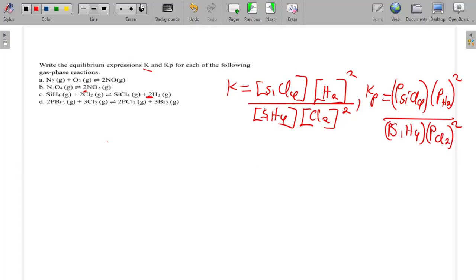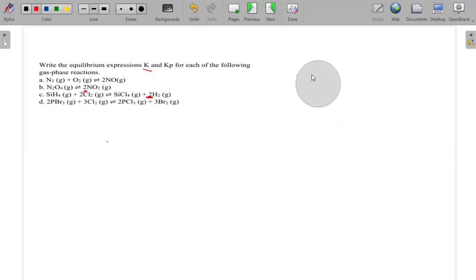So we can do the last one there, okay? So for the last one, we are having the K expression to be equal to the concentration of the products that we are having, okay? So we're having the concentration of PCl3, okay? So we're going to power it to 2, okay? Multiplied by the concentration of Br2, we're going to power it to 3, isn't it?